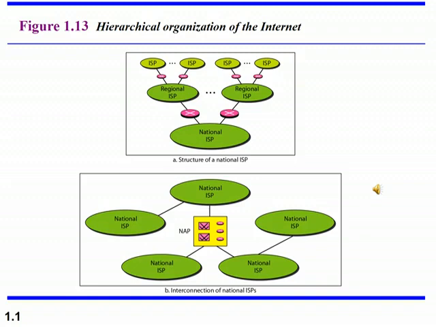This becomes the structure of the national ISP system. The national ISPs are also connected to each other through the NAP. So this is the interconnection of the national ISPs. Therefore, an individual station can be connected through the regional ISP, then connected to the national ISP. And the national ISPs can also be connected to each other through the NAP network.